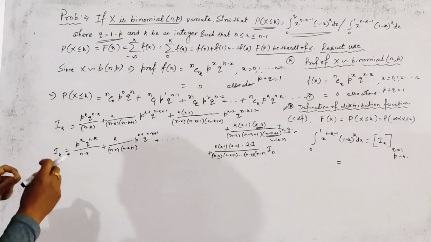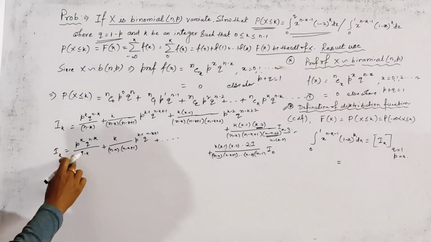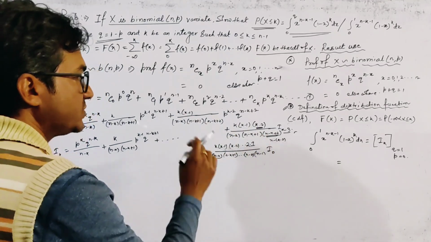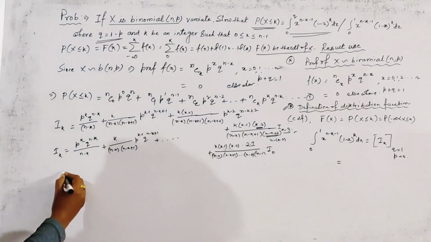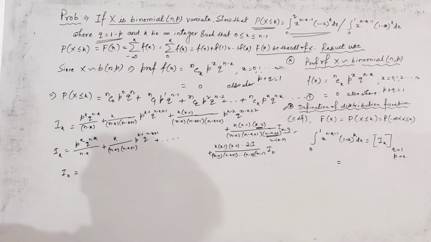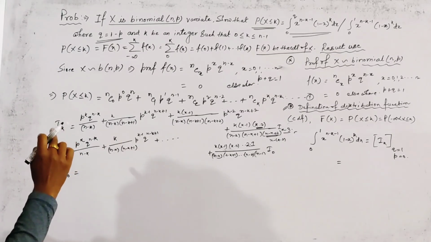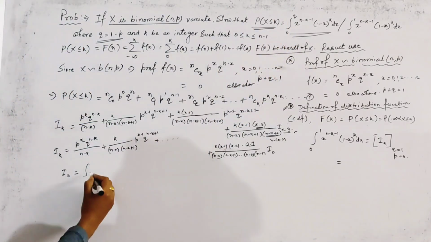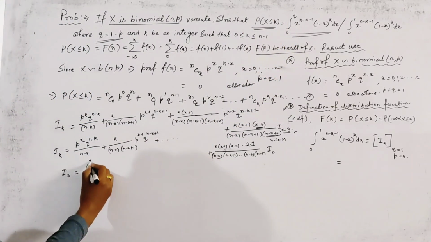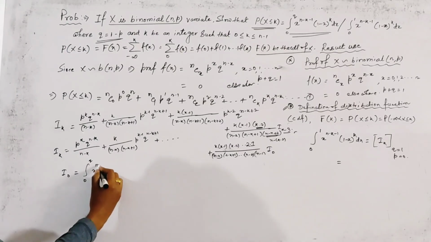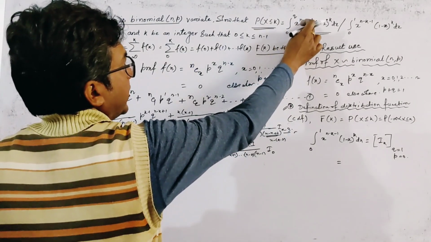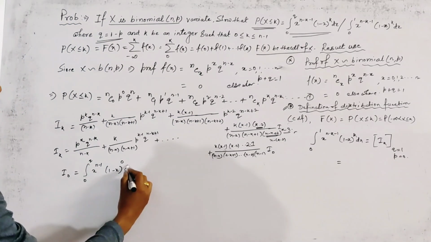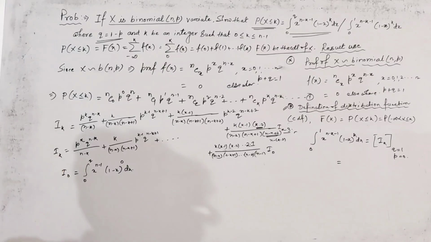Okay, and we easily get the value of this integration. Only one term remains, because in all terms p is present except the last term. Okay, here we first find the value of I_0. What is the value of I_0? We get from here: I_0 is the integration, we write this integration again, 0 to q, x to the power n minus 1 into (1 minus x) to the power 0 dx, because we put k equal to 0.